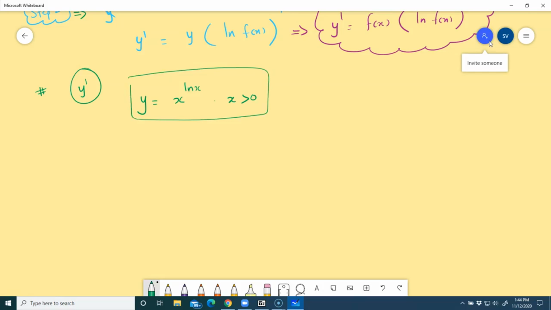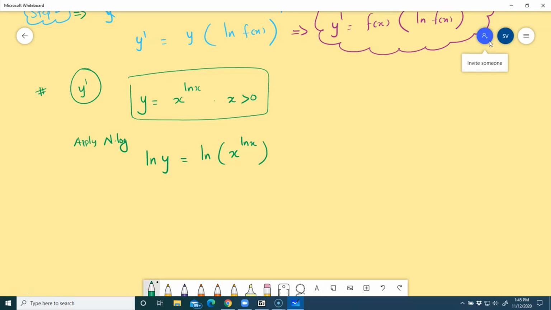What is our step 1? Apply natural log on both sides. For the first one or two problems I will write this out: apply natural log. So ln of y equal to ln of x to the power ln x.